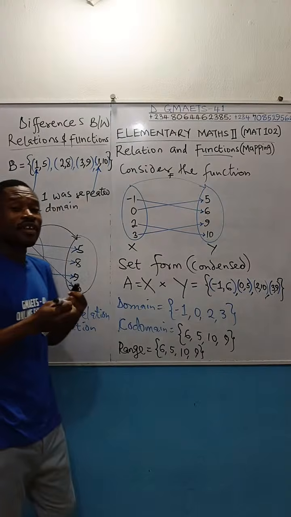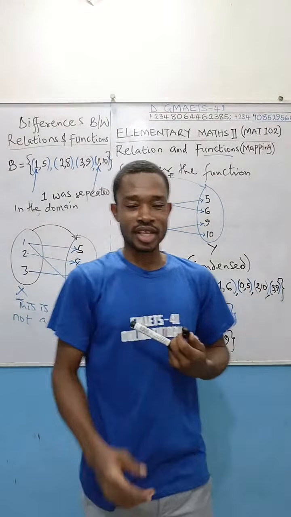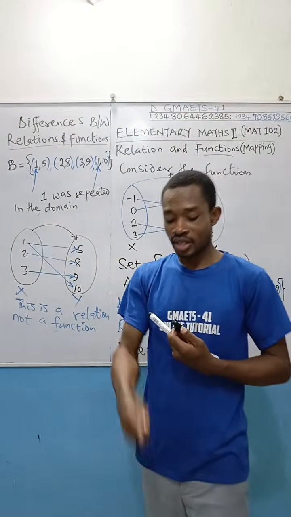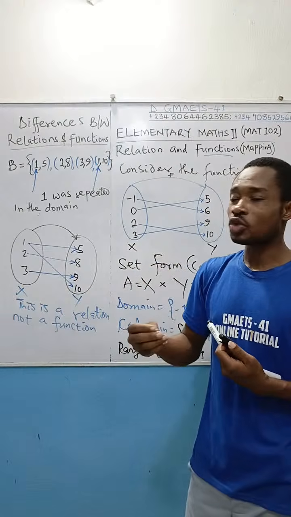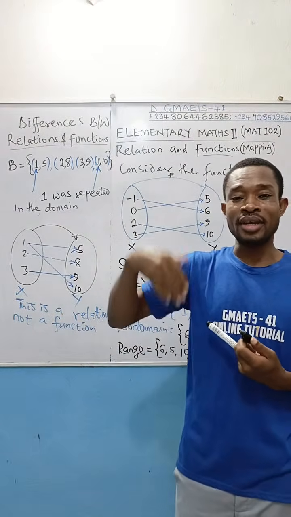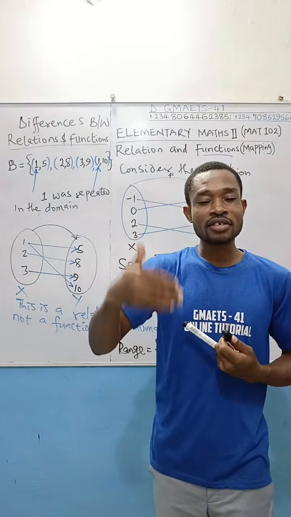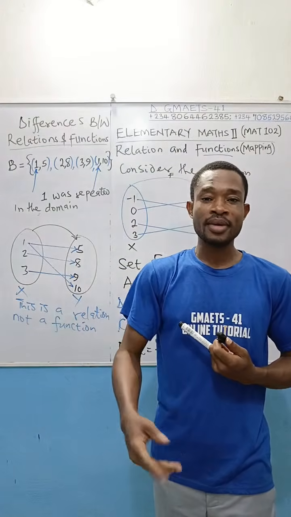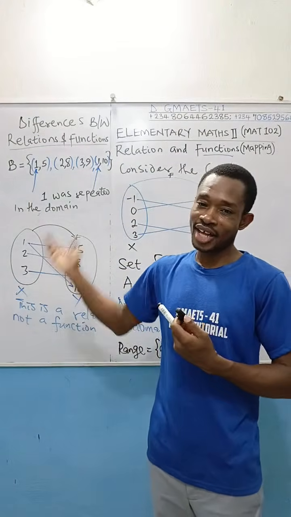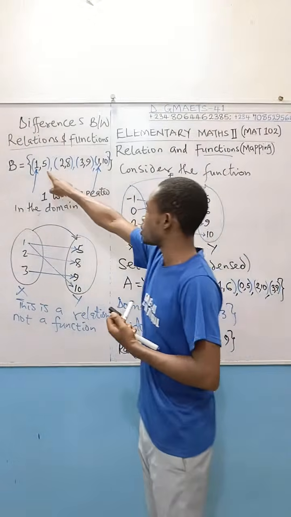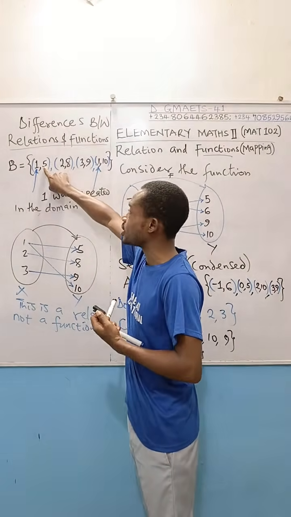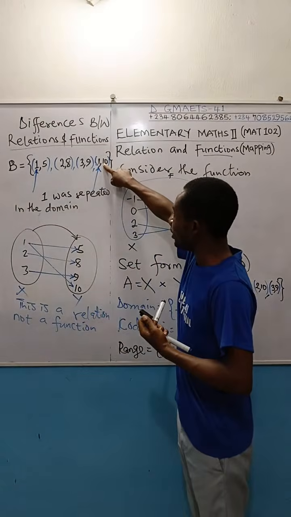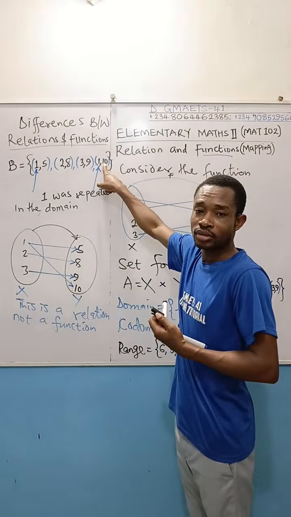And I told you that whenever any element of the domain is repeated, please watch out for it. That might not be a function. What you now have to do is to check the elements of the codomain attached to them. If the elements are different, then that is not a function. The codomain element attached to this one is 5. The codomain element attached to this one is 10.